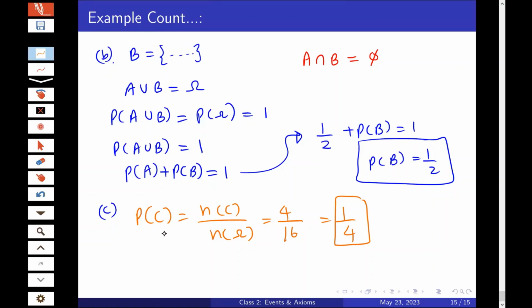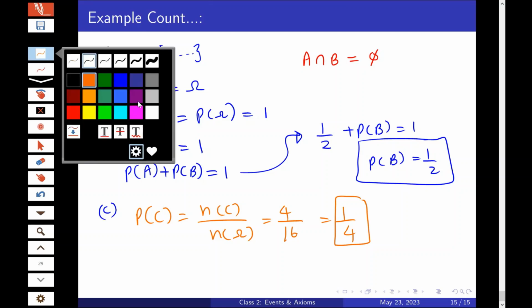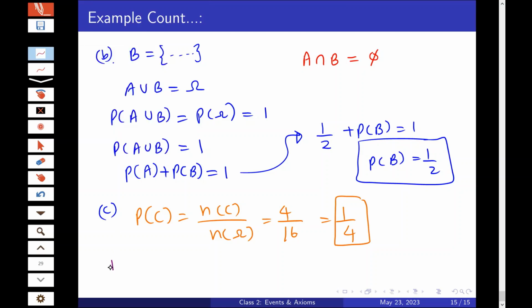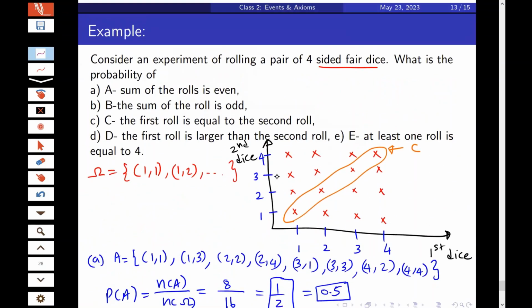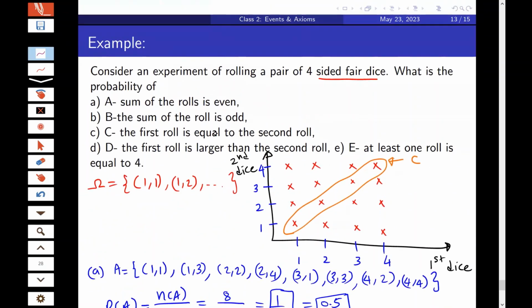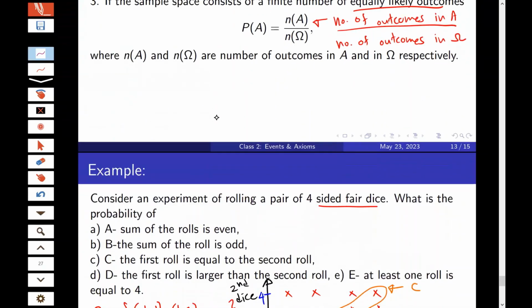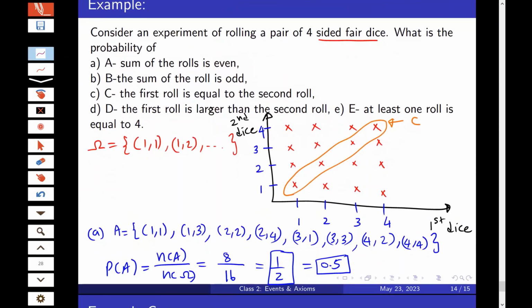And part D says the first roll is larger than the second roll. The first one is always larger than the second roll if you consider this set. The first one is larger than the second one on these items.